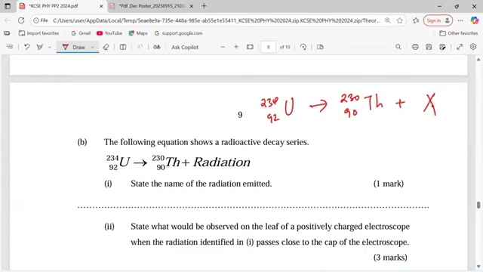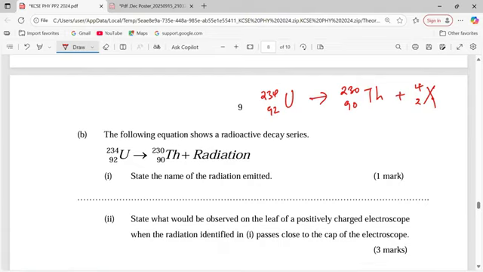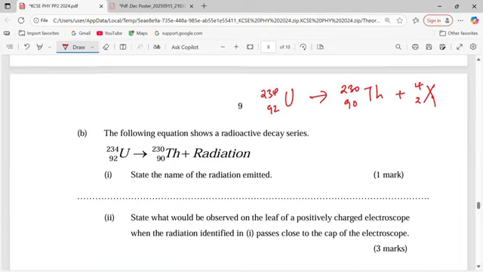This unknown radiation should have a mass number such that when we add 230, we should get 234. So that's 4. And also, on the other side, it should be having 2, so that when we add to 90, we get 92. In other words, the radiation, which has a mass number of 4 and an atomic number of 2, is helium particles.